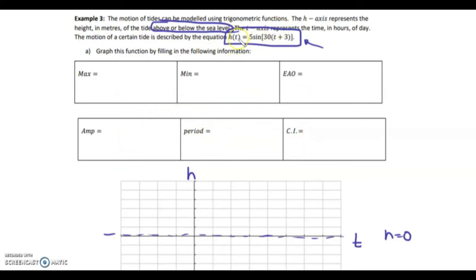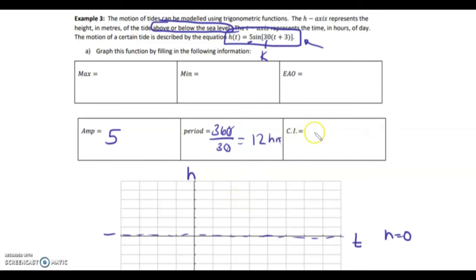Okay, so looking at h of t, 5 is the amplitude, so we can fill that in. The period we can solve using the k value. So the period is going to be 360 over k, which is 12. Okay, this is 12 hours.